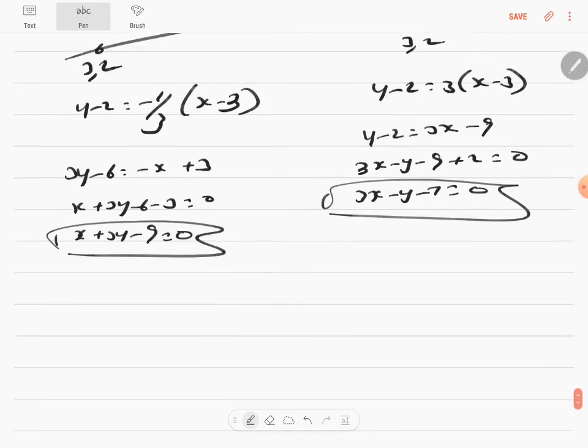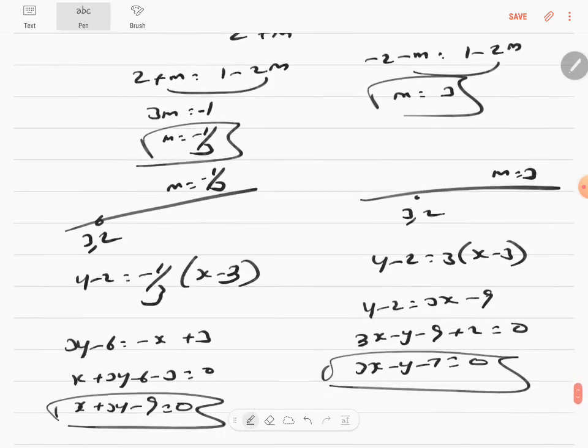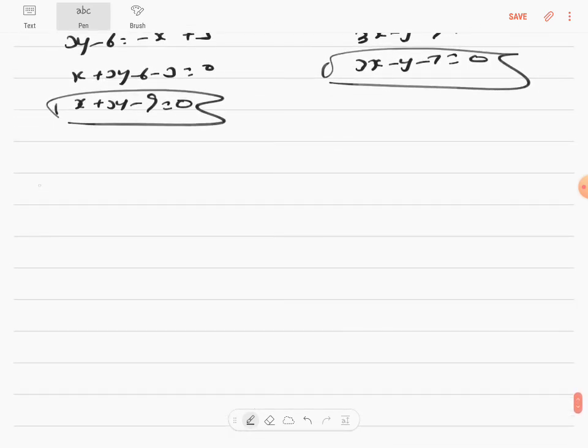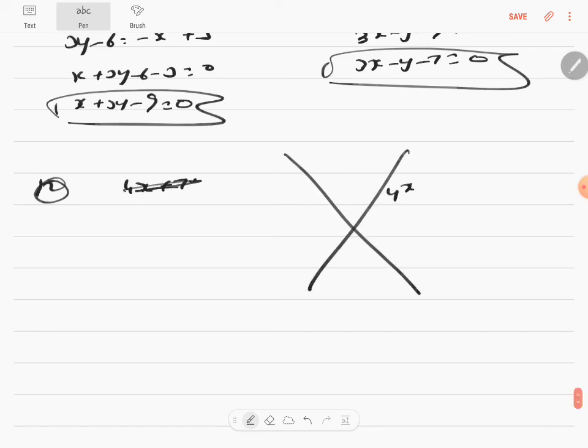So the two options. Okay, let's go to the next question. The 12th question: find the equation of a line passing through the intersection of the lines 4x plus 7y minus 3 is equal to 0 and 2x minus 3y plus 1 is equal to 0.